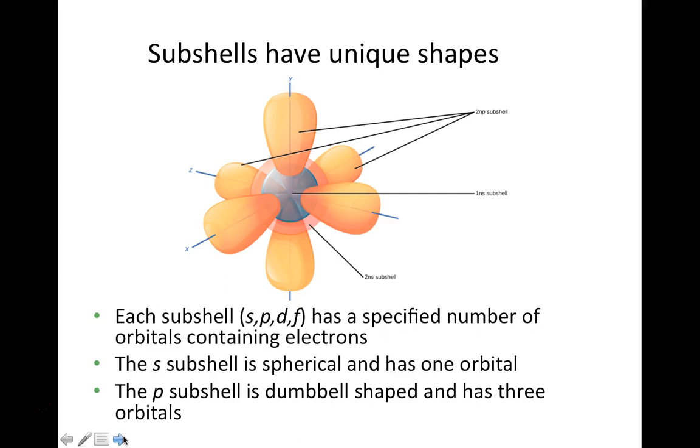The S subshells are spherical and have one orbital. The P subshells are dumbbell-shaped and have 3 orbitals, going in an X, Y, and Z axis. So we have this very interesting, almost flower-like shape, very three-dimensional, and not at all what human beings would envision originally, where we'd expect electrons to be.